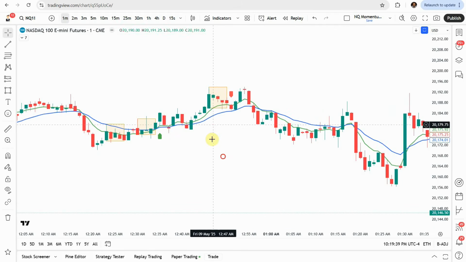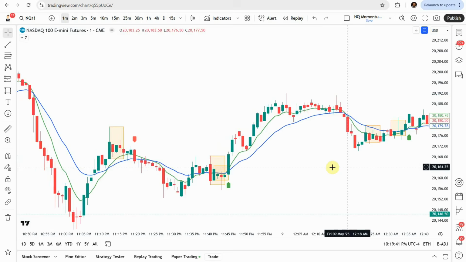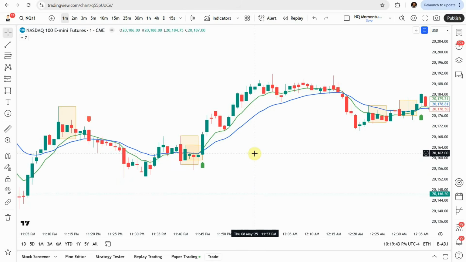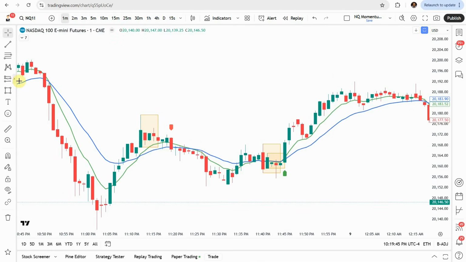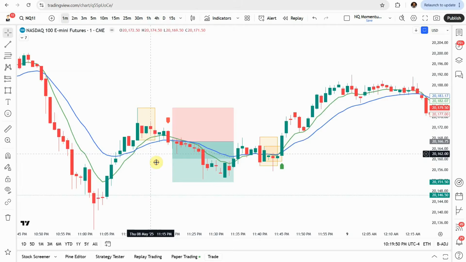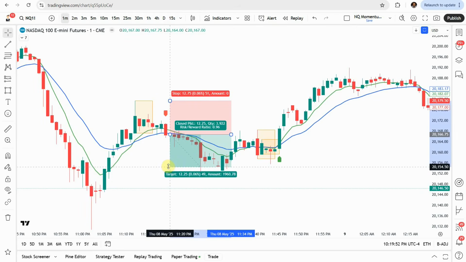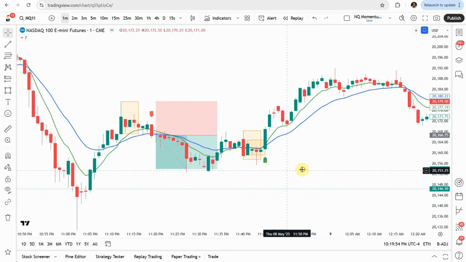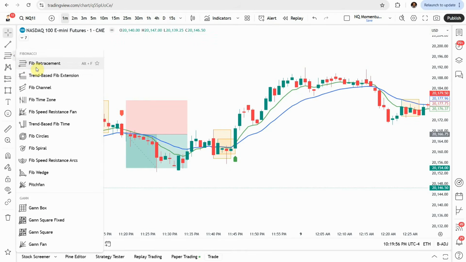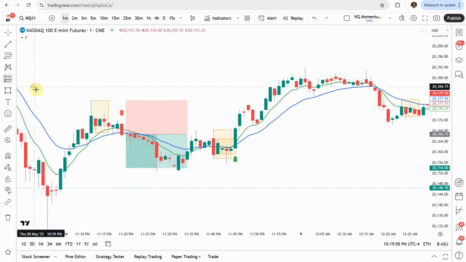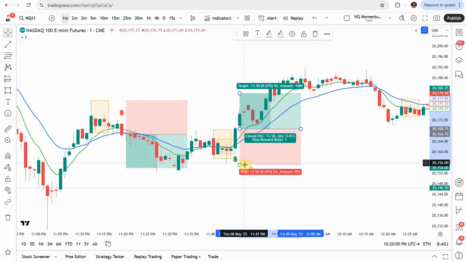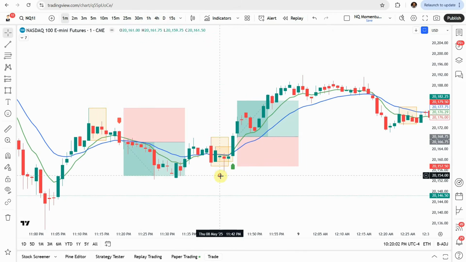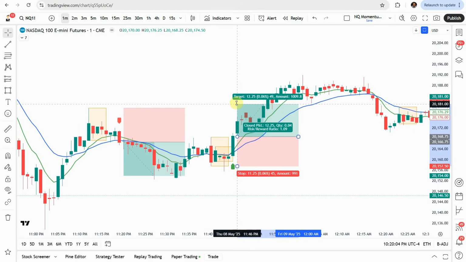So they can work well if you just take them and them alone, wait for the close, then do a 1-to-1 risk to reward, like so here, right at the top of the box, you hit your take profit. Over here, we have a long trade on this one, close of the candle there, bottom of the box there, 1-to-1 take profit.